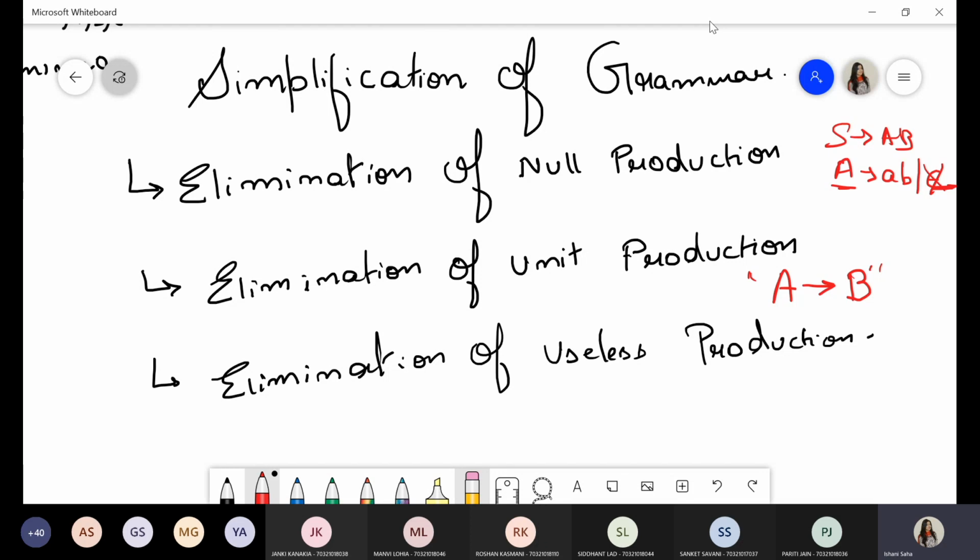Is it clear? Apart from that, productions like A generating AB or A generating a small a are not unit productions. Only a single non-terminal generating a single non-terminal is considered a unit production. Is it clear?